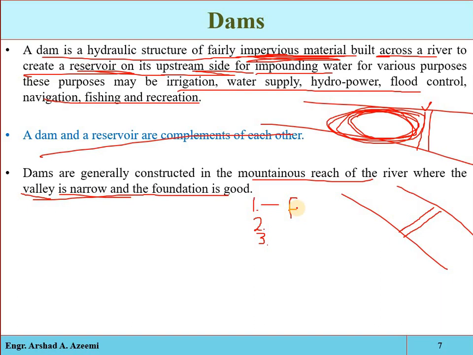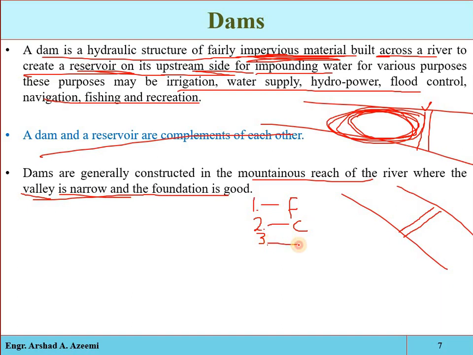For example, if there is variation occurring in the climate, what will be its effect on the construction material. So first we look into the feasibility: topography, geology, and climate. Second, we are looking into the cost, that is the availability of construction material near to the site, that will be accessible and abundantly available, the site will be accessible, transportation facility will be available, so the construction cost will be reduced.